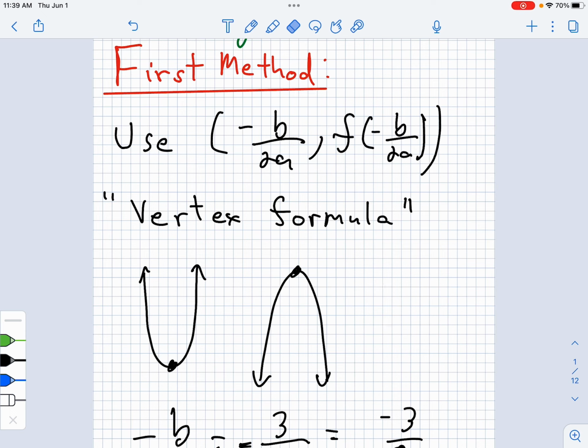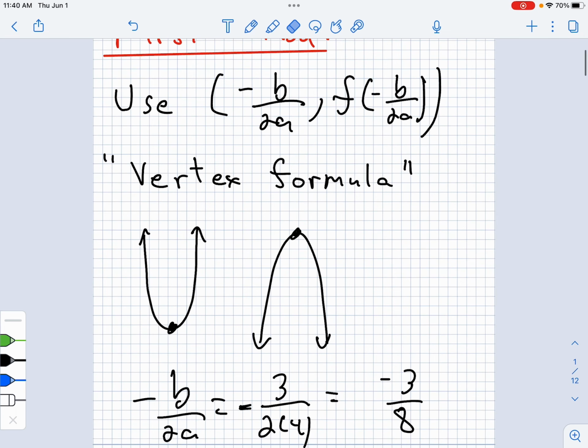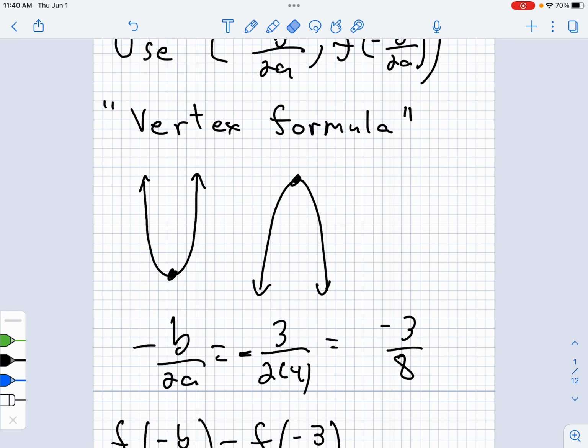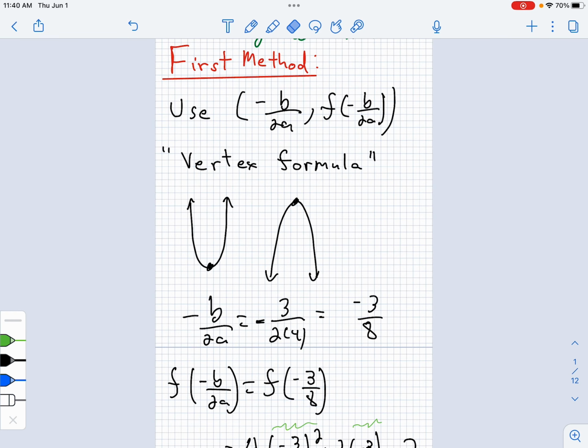All right. So the most important point, arguably, on a parabola is the vertex, which is where it opens up or down, I like to say, or the minimum or maximum value. So let's go ahead and find that first using this formula. The first thing is to form negative b over 2a.